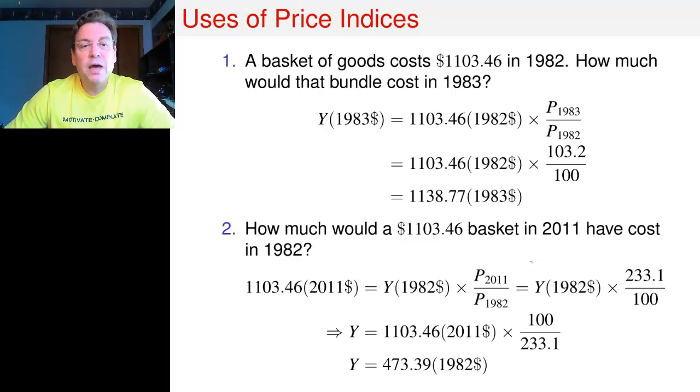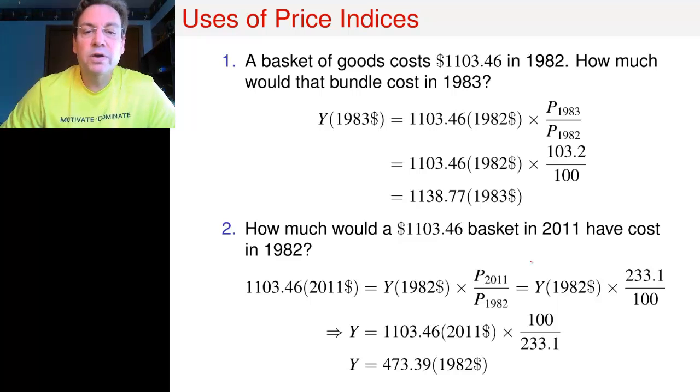So, for example, how much would a basket of goods that cost $1,103.46 in 1982 cost in 1983? And so what we want to do is convert those 1982 dollars into 1983 dollars.